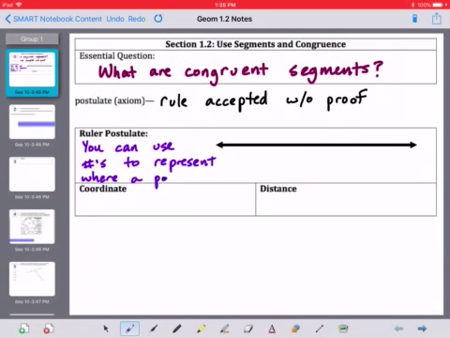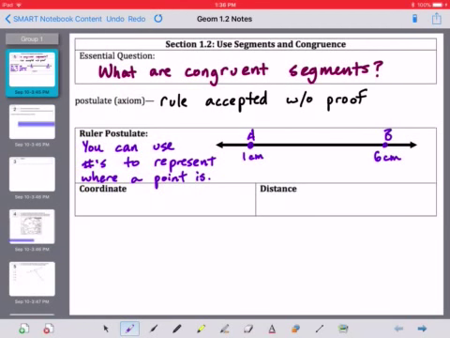If you've ever plotted points on a graph, you've used the ruler postulate. For example, if on a line point A was at 1 centimeter and point B was at 6 centimeters, the fact that we can put numbers to represent where those are tells us we're using the ruler postulate.